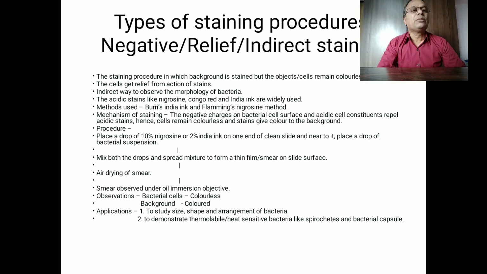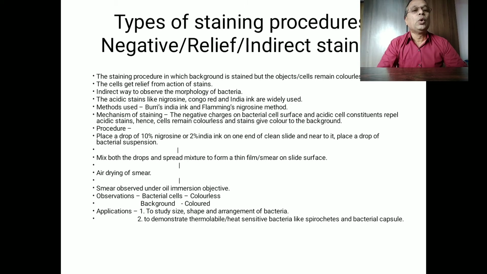After making a smear, you have to dry it in natural air. We call this step air drying. And after air drying, you have to put a drop of oil, usually cedar wood oil, on the surface of the smear, and this smear is to be observed under the oil immersion lens of the optical instrument called a microscope.